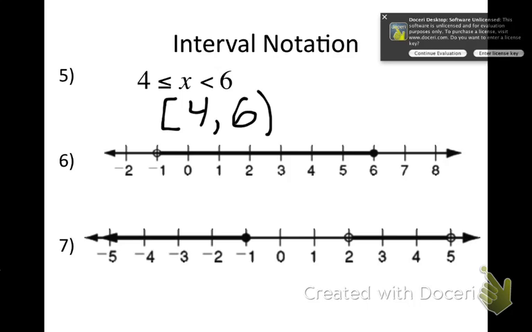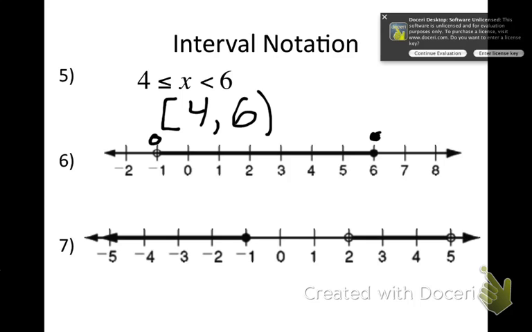Okay, number 6 here. Distance might be hard to tell. There's an open circle. There is a closed circle right there. I'm going to go from -1 to 6. What am I going to start with there, Sage? Am I going to start with a bracket or a parentheses? Am I including -1 or not?